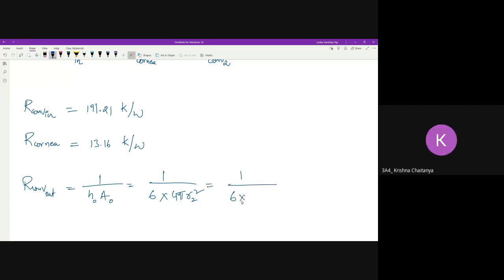It is 1 by 6 into area, again area divided by 3. Yes, sir, thank you, I always forget this. Thank you for reminding me. Yeah, by 3, and the R2 value is 12.7 mm, so 12.7 into 10 to the power of minus 3 meters whole squared.